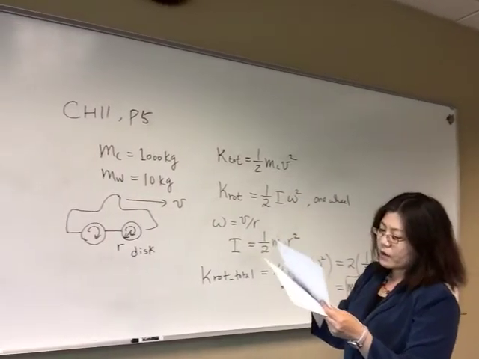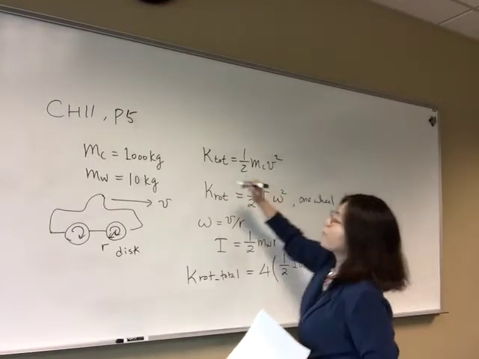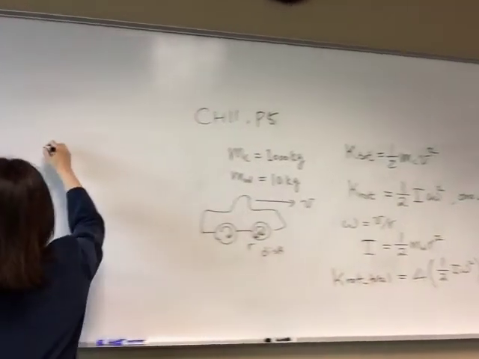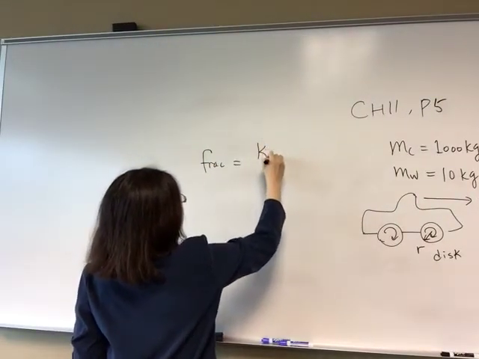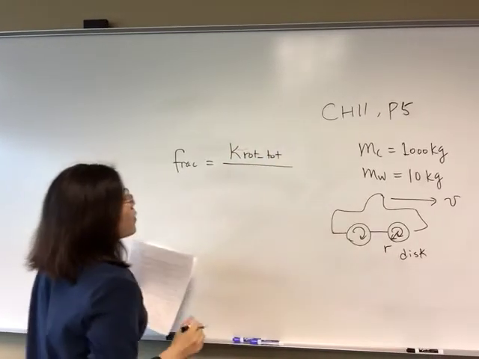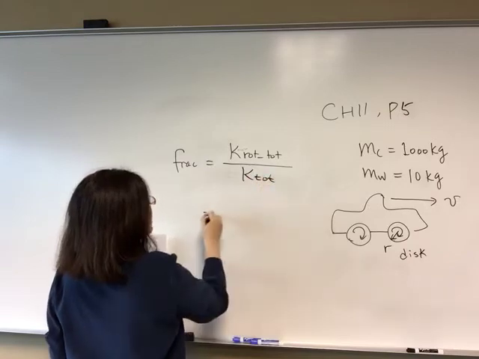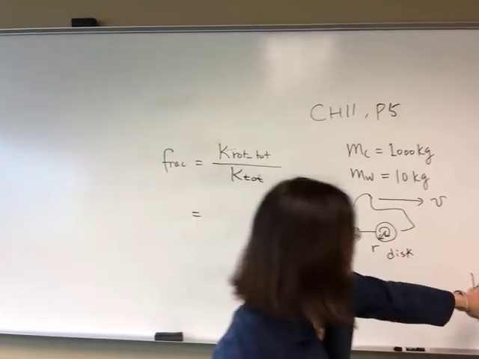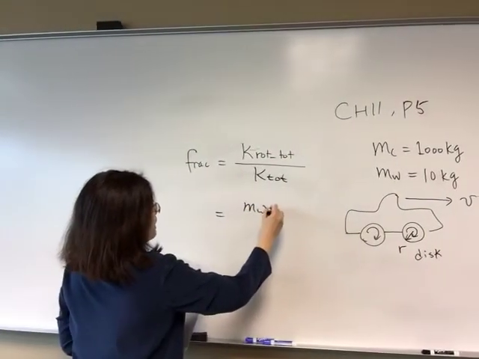So you also find the ratio of this energy to the total energy. What is the fraction? The fraction will be the rotational energy coming from the 4 wheels over the total kinetic energy of the system. In that case, the numerator has the mass of the wheel times v squared.